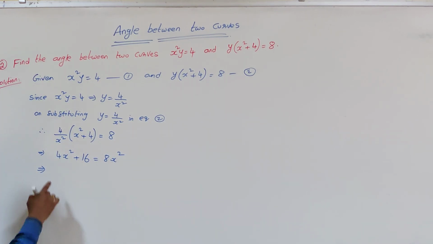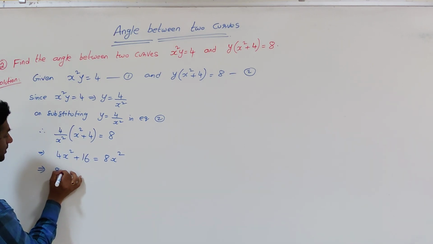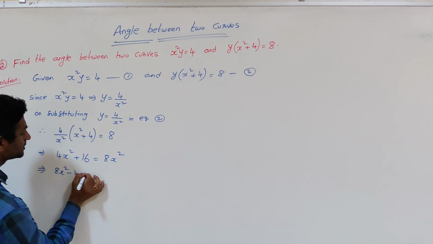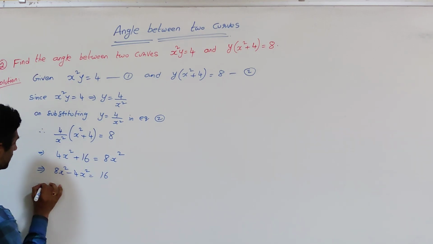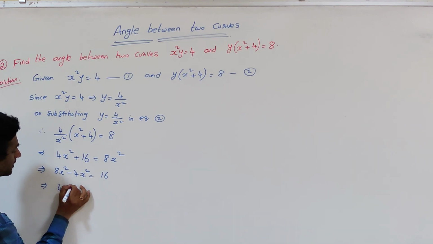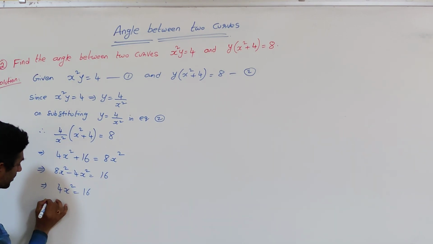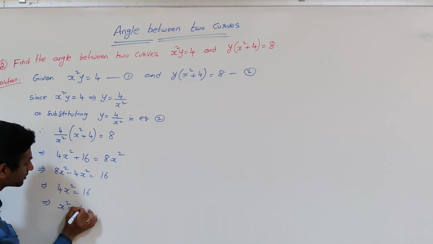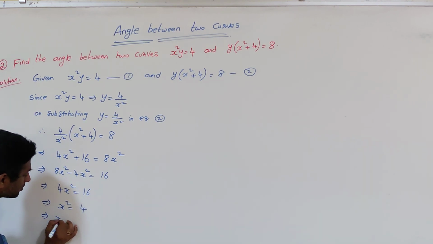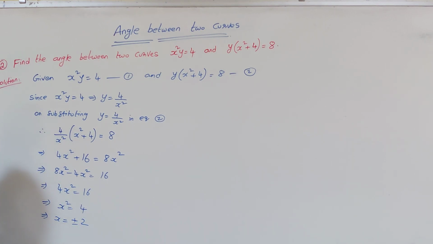So 8x square minus 4x square is equal to 16 implies 4x square is equal to 16, x square will be 4, means x is equal to plus or minus 2.